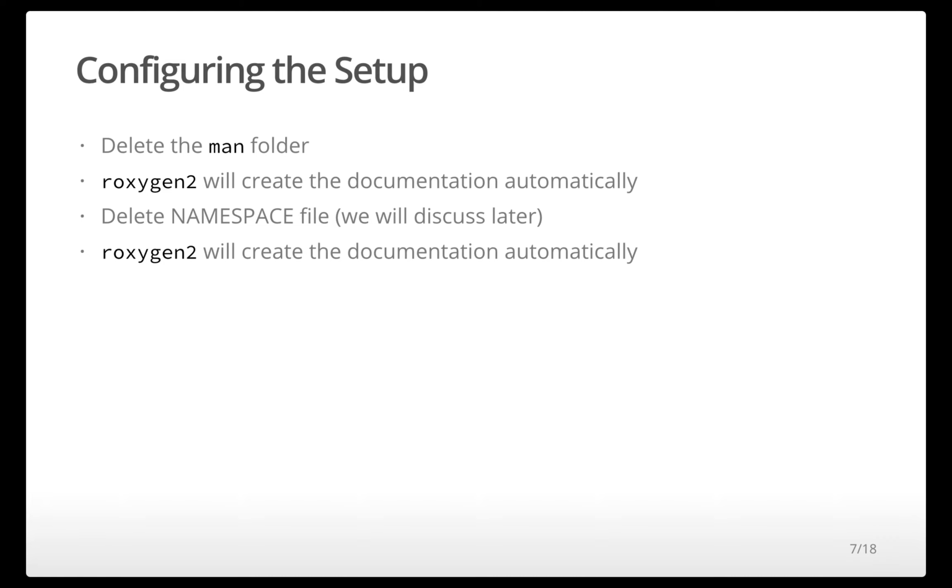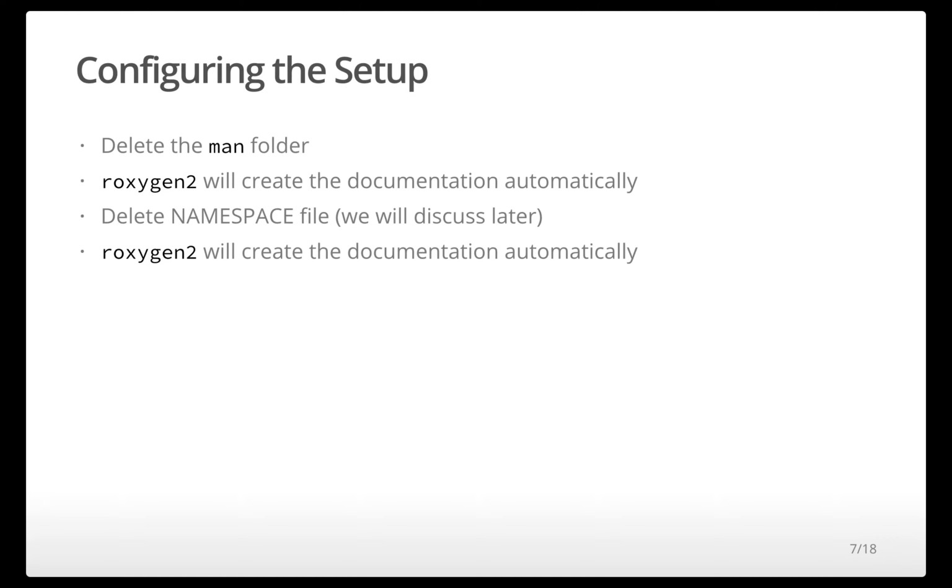So right now we're going to delete the man folder and delete the namespace file, because when we actually are going to create this package, we want the documentation to be automatically generated from Roxygen. We don't want any of the stuff that was already in there to kind of gunk up our package. We don't need that file.